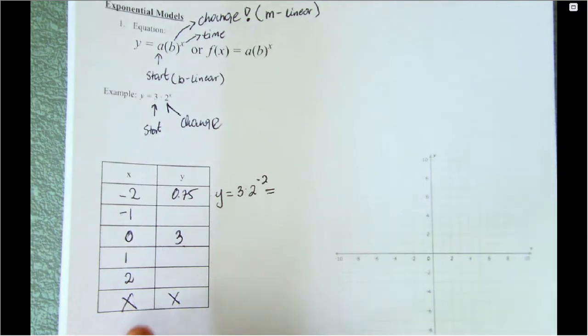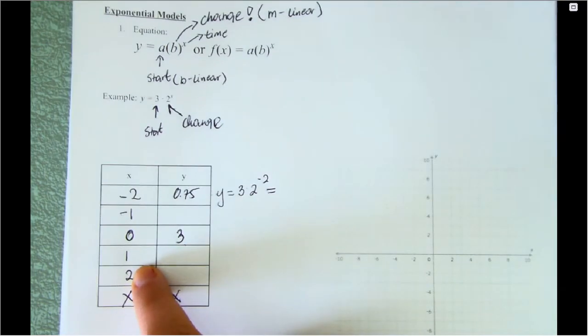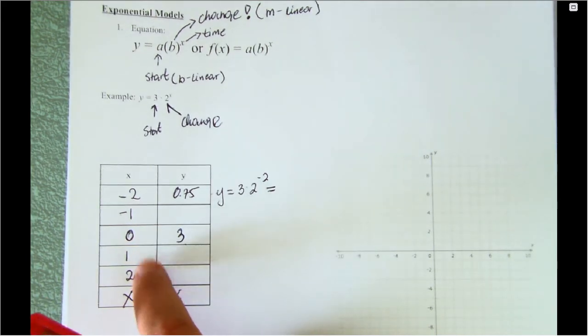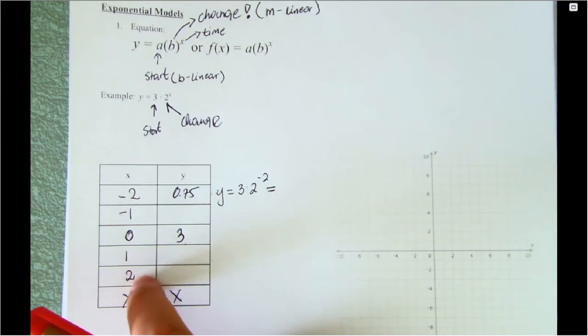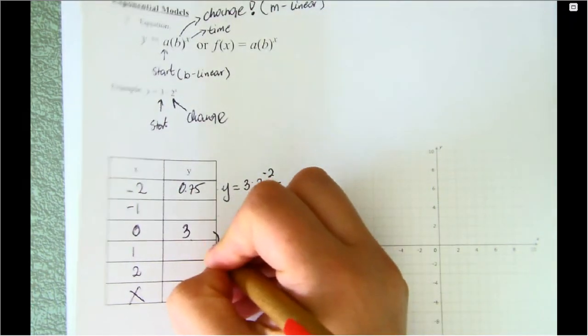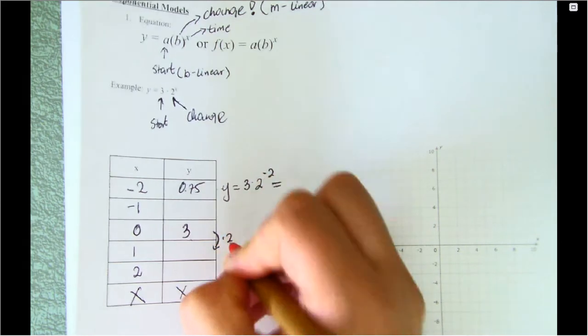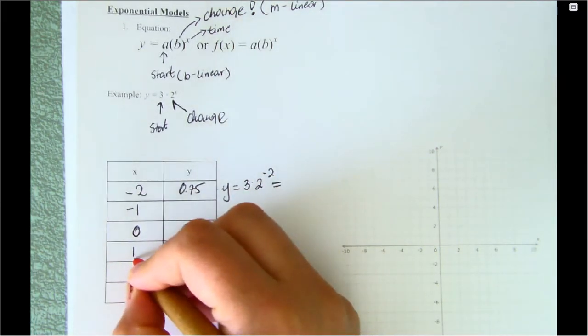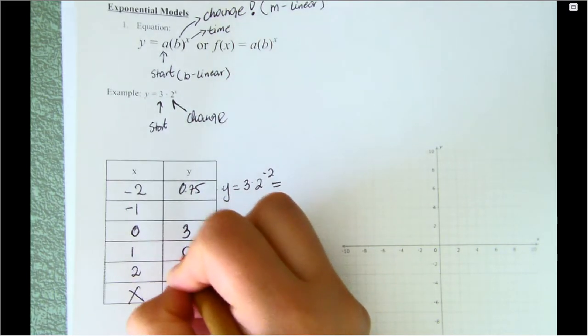So if I want to go 1 up, they have to be by 1 unit though. Okay, so they cannot be like 0 to 5, because that's not going to work. They're going to go every 1 unit up or every 1 unit down. I can just multiply my y value by 2, because my change is 2. So my new value when x is 1 is going to be 6.